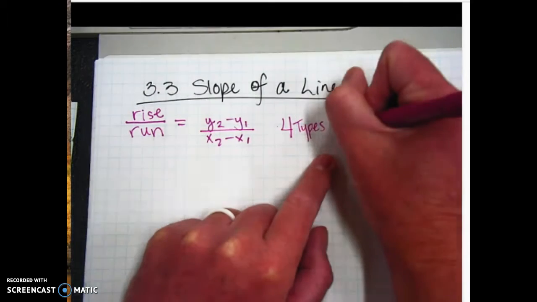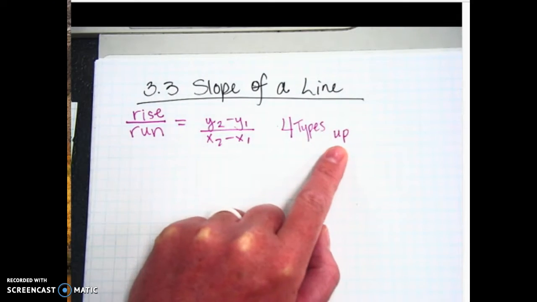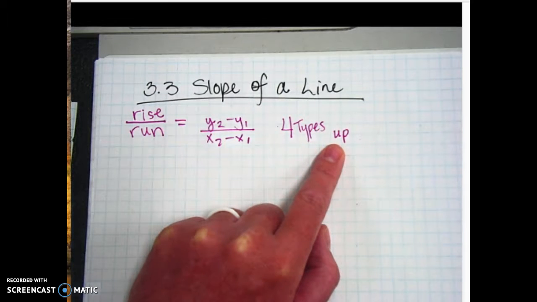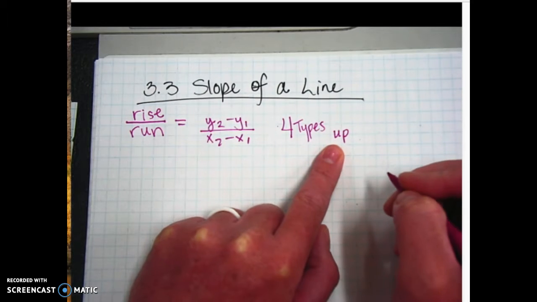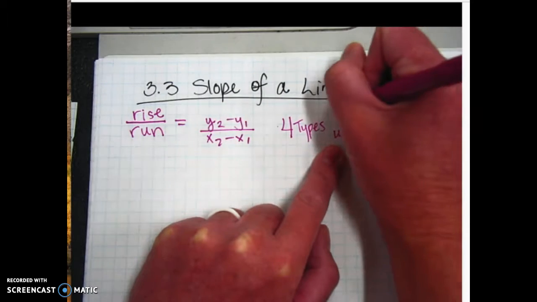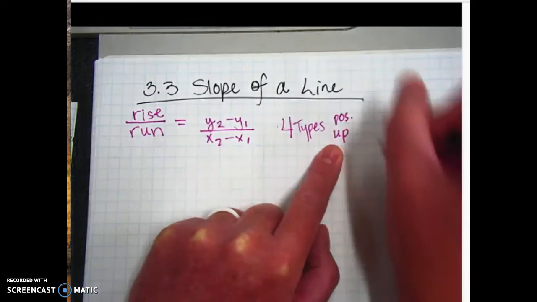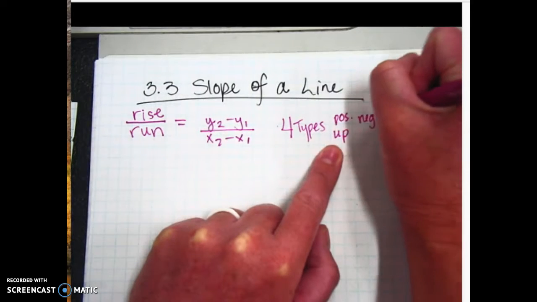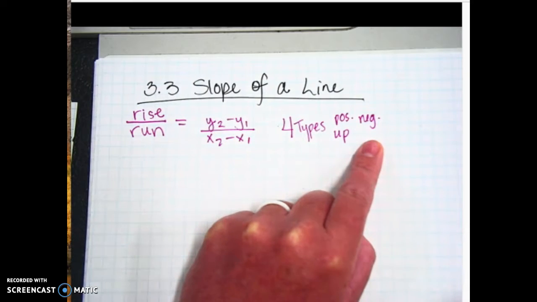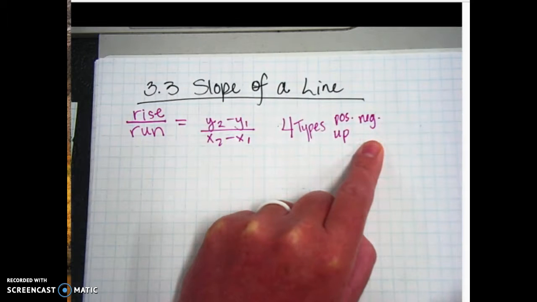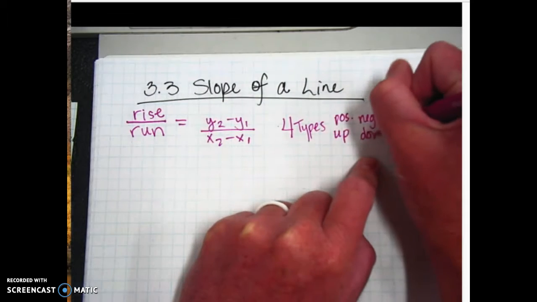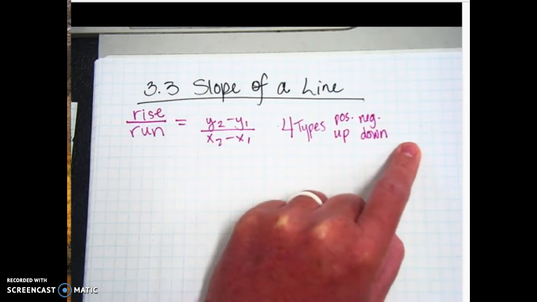If your line is going up from left to right, that's going to be a what kind of slope? Positive. You have a positive number, it's going to go up. If you have a negative number of a slope, it's going to go down.